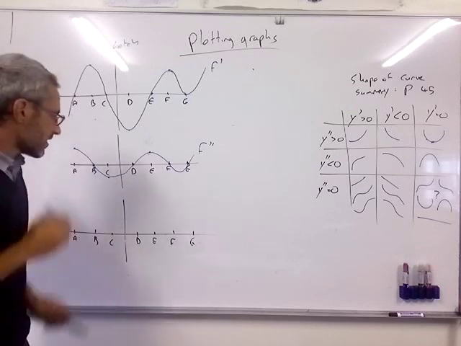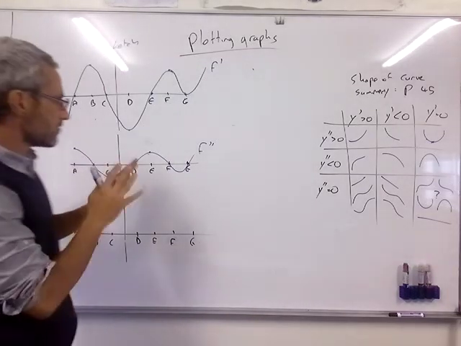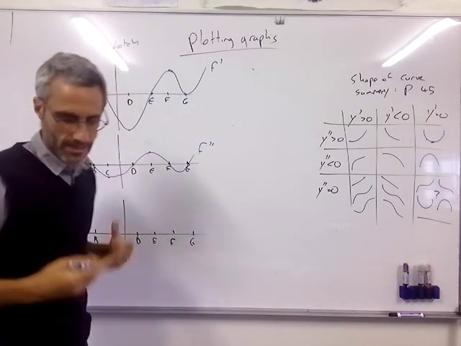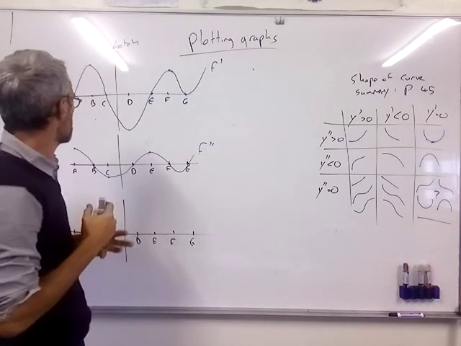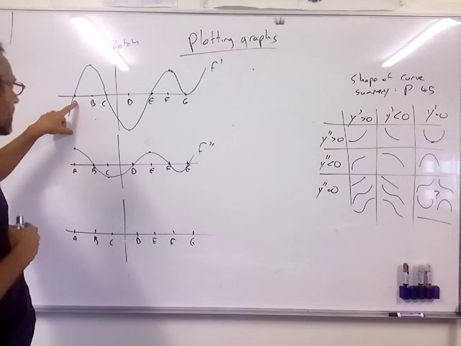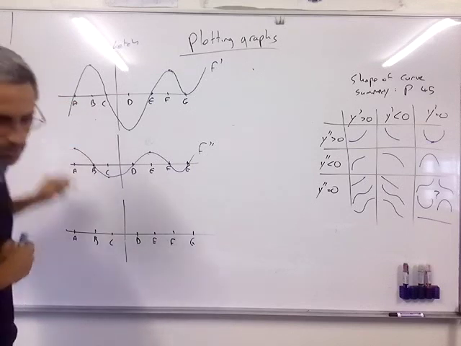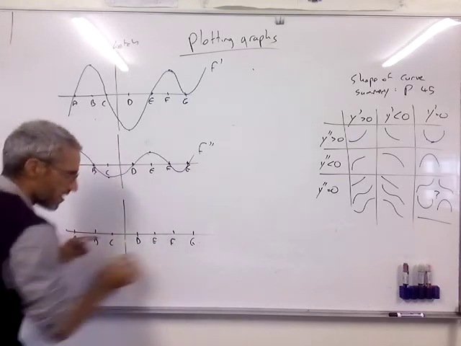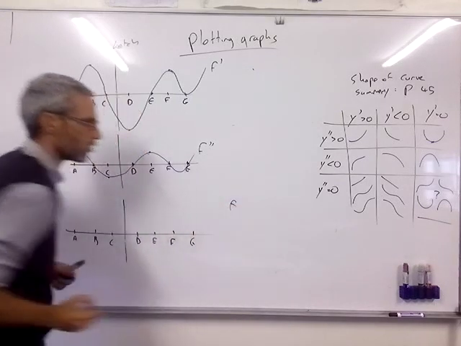Now at this point I think I'm going to stop because that gives me a lot of information to talk about what's happening in A, B, C, D, and F and G. So A, what do I know about A? I'm going to eventually use all this information to draw f.